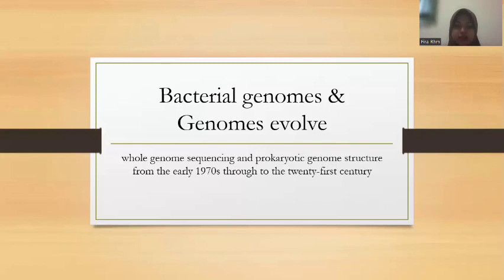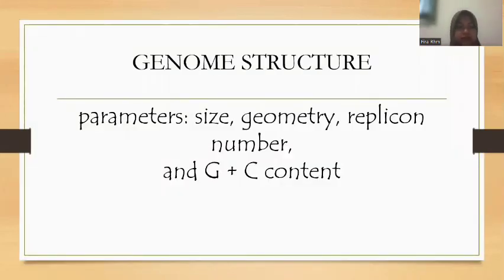Studying each genome in isolation has brought novel insight, and this new knowledge has often been further enriched by comparison of genomes from related strains. Next, genome structure. The obvious parameters for describing a bacterial genome are size, geometry, replicon number, and G plus C content.